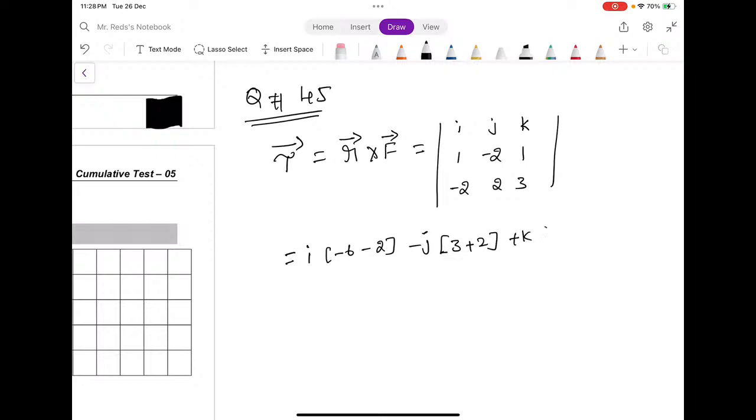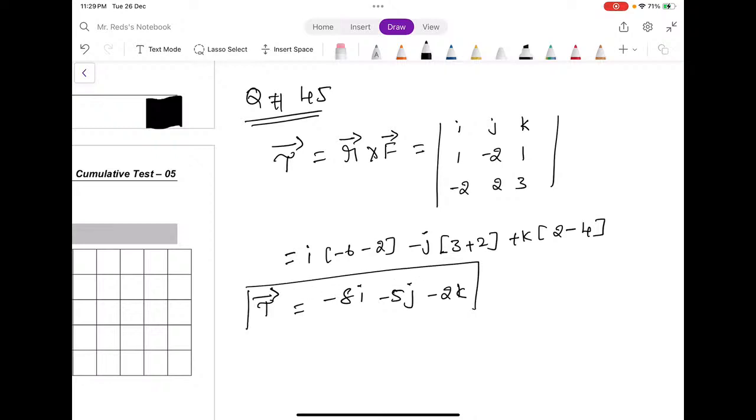Then plus k into, if you close the column under k, you will get 2 into 1 is 2, minus 2 into minus 2 is plus 4, so 2 minus 4 is minus 2. So this gives you minus 8i minus 5j minus 2k, which is tau bar in components form.